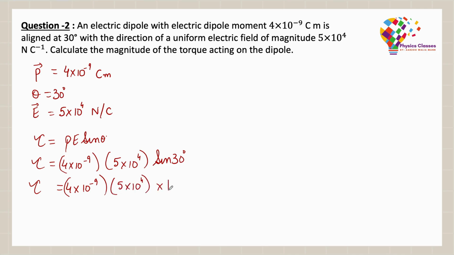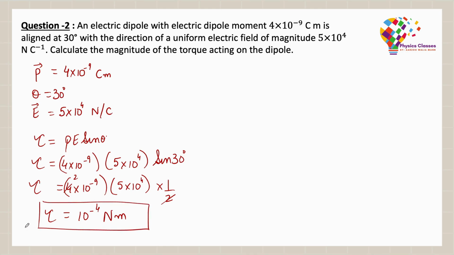So 2 times 5 is 10, and this is 10 to the power minus 5. So my torque becomes 10 to the power negative 4. The unit for torque would be Newton meter, because you're simply doing force times the distance. And with this, we have discussed almost everything related to an electric dipole.